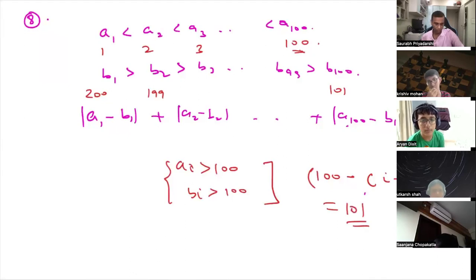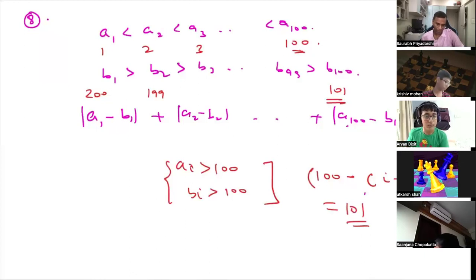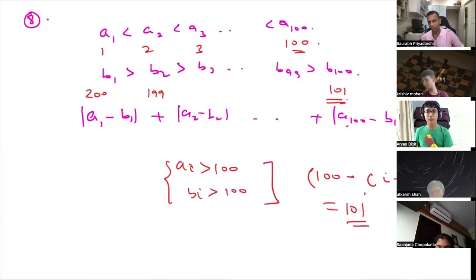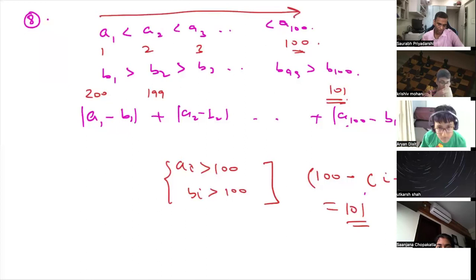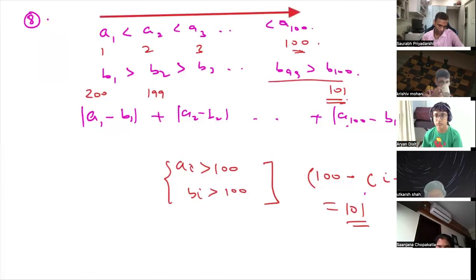So the number 101 will be greater in this case, and that is possible only if I take B100 as 101. If the numbers for B are given as 101 to 200, you can think of it this way: one is in increasing order, the other in decreasing order. The numbers start in increasing order from the lowest one, and this one also starts from its lowest.